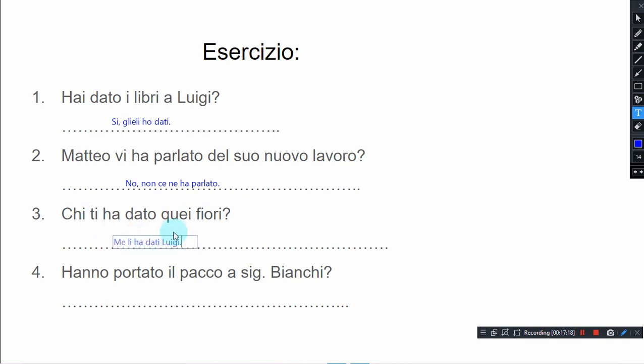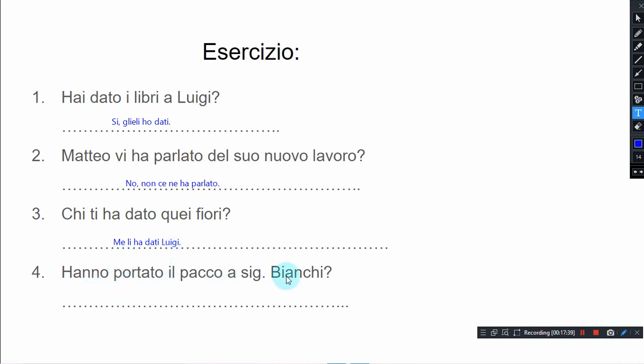I fiori, that's why we should use the direct object pronoun li. And when they ask you a question and you should answer with me, saying ti ha dato, me li ha dati Luigi. Luigi gave them to me.